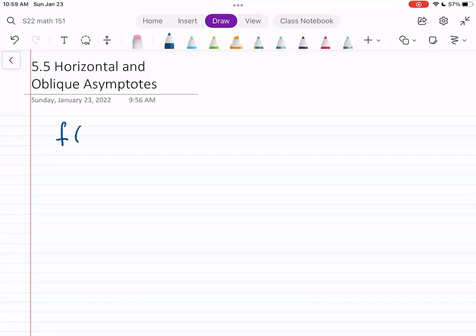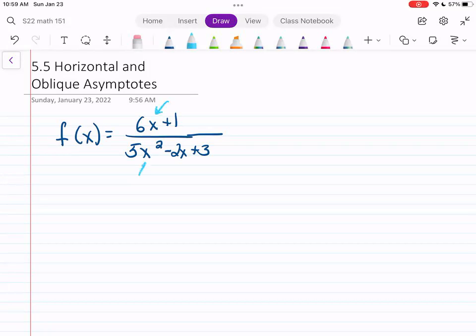For example, consider f of x is equal to 6x plus 1 over 5x squared minus 2x plus 3. Any function with a degree of 1 or bigger is going to increase in magnitude as x gets bigger. So as we go towards infinity, both the numerator and the denominator are going to get bigger. But what we have to consider with rational functions is which gets bigger faster.